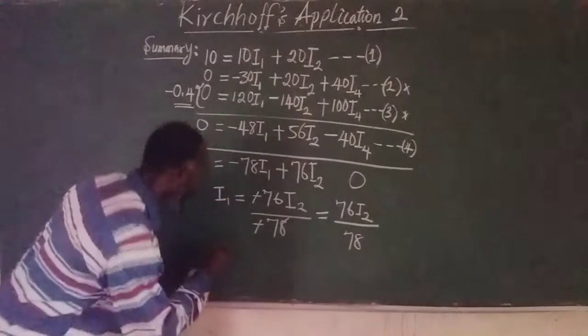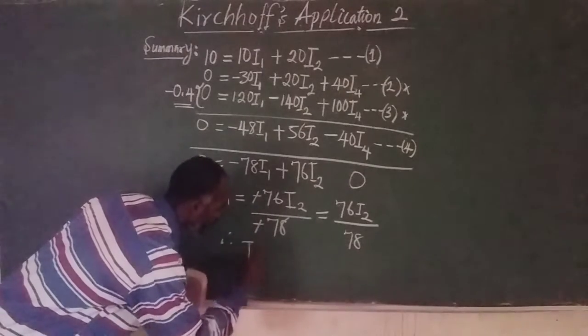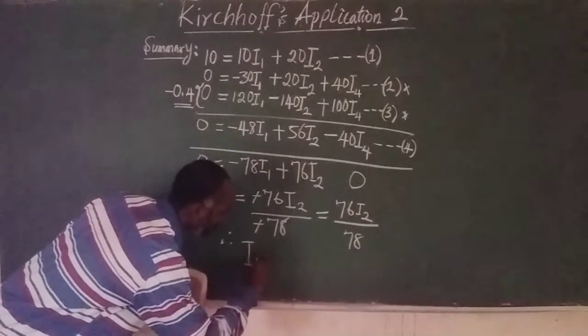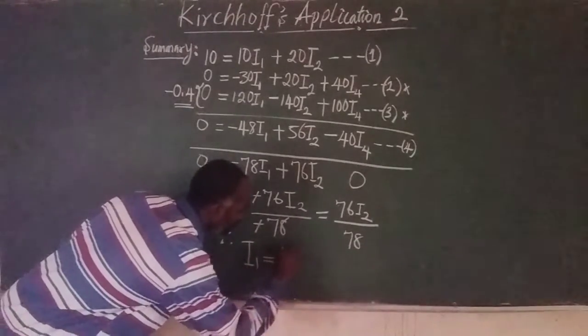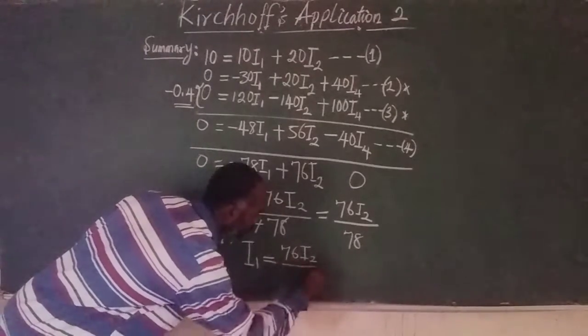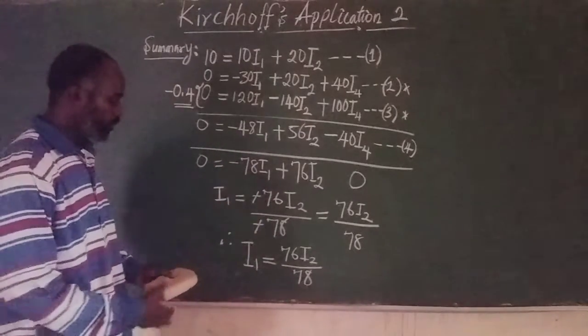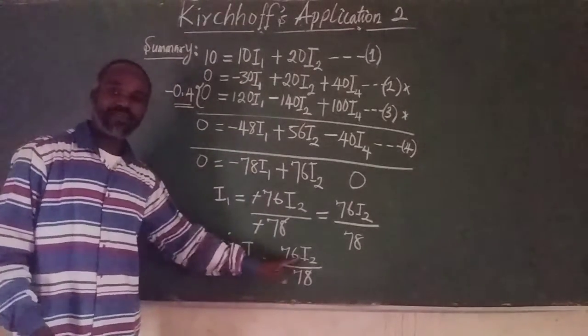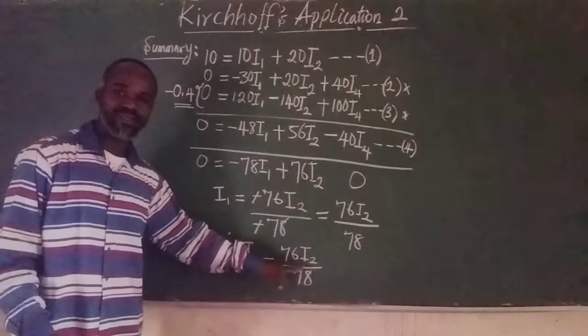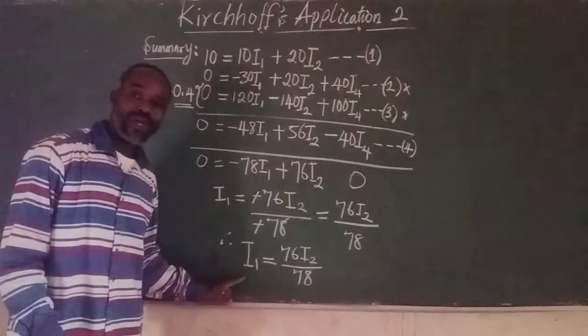Good. Therefore, I1 can be evaluated as 76 I2 all over 78. By the time we simplify this quantity, we will have the current 1 value.